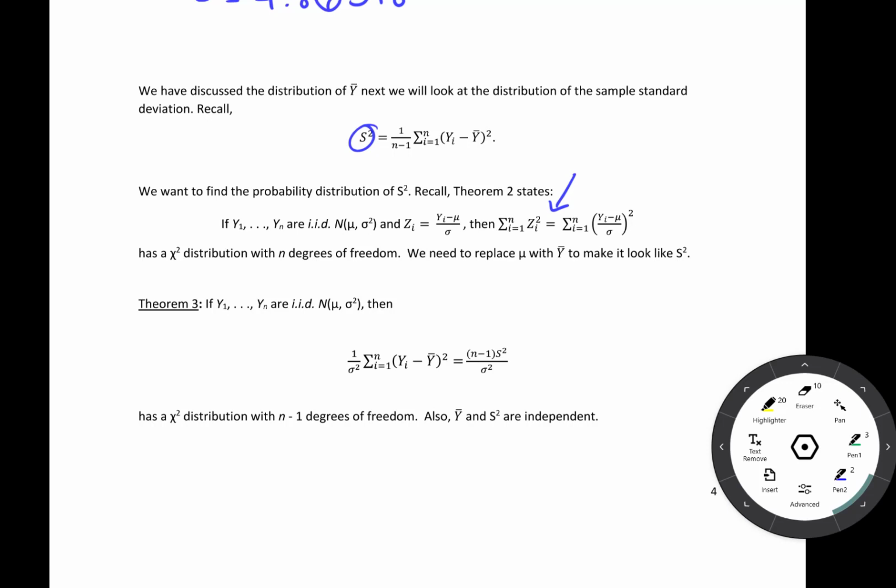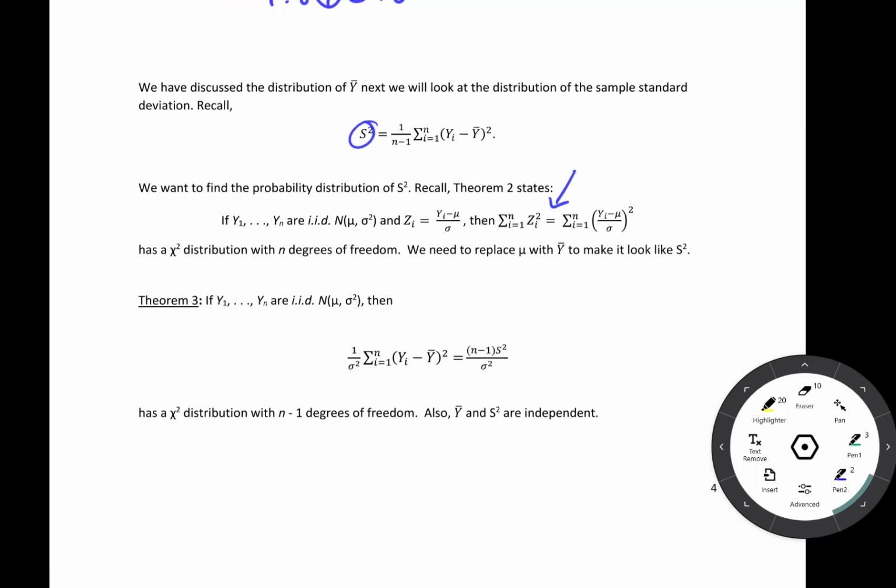But in order to make that look like s squared, we have to replace mu with y bar. The proof of this I'm going to omit here, but generally, since we're estimating mu with y bar, we lose a degree of freedom, and that gives us this theorem.